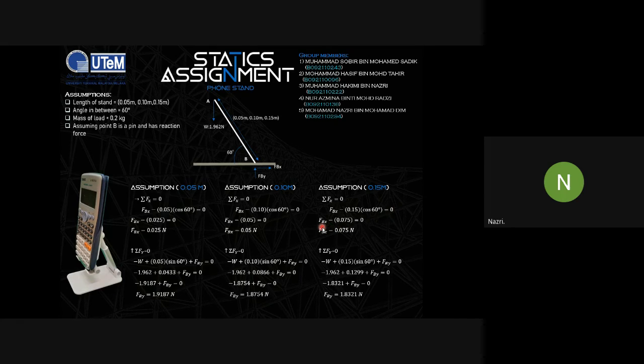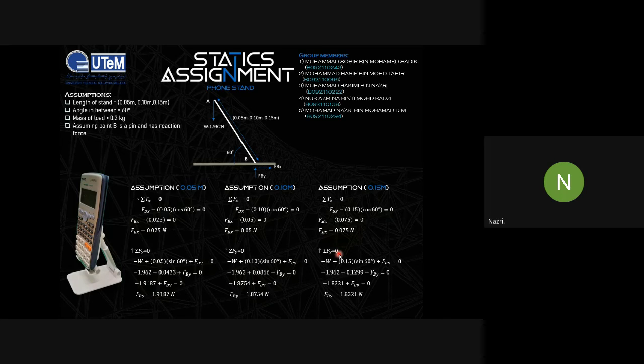After the calculation, reaction force B in the x-axis minus 0.075 equals 0. Then bring 0.075 to the other side, so reaction force B in the x-axis equals 0.075 Newton.